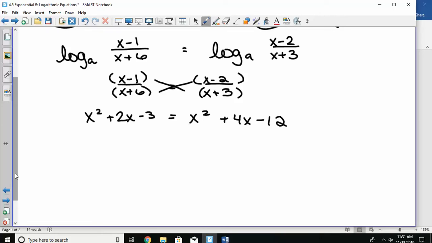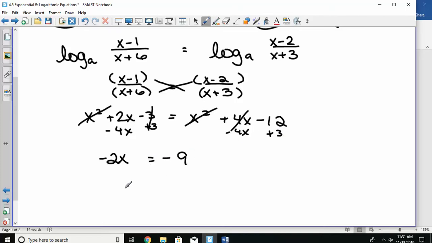Quadratics, we always set them equal to 0. But when I go to subtract my x squared, what happens? Cancels out. So this is just linear. Get x by itself. So if I subtracted my 4x, gives me a negative 2x, add my 3, divided by -2. We get 4.5.